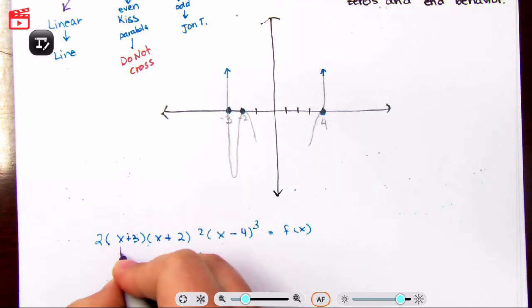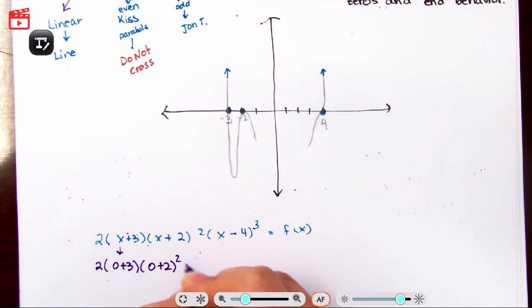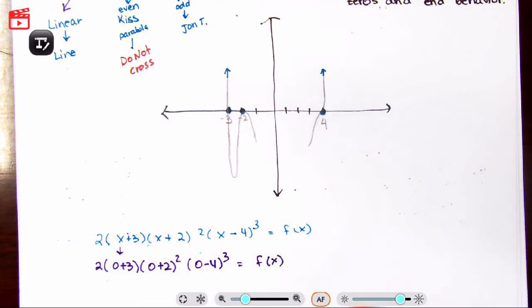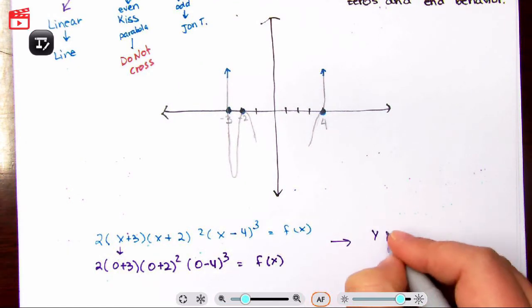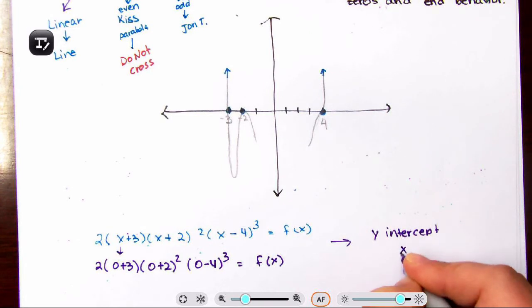So all x's are now becoming 0, and we're solving for y. So y-intercept is x is equal to 0.